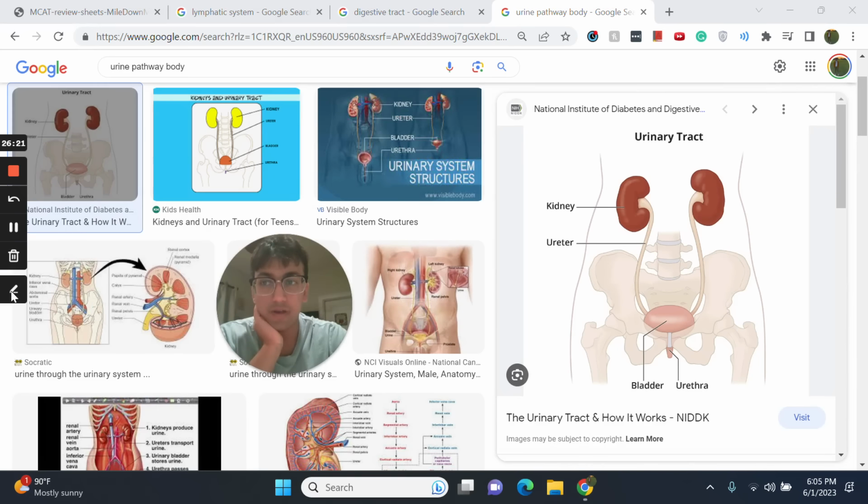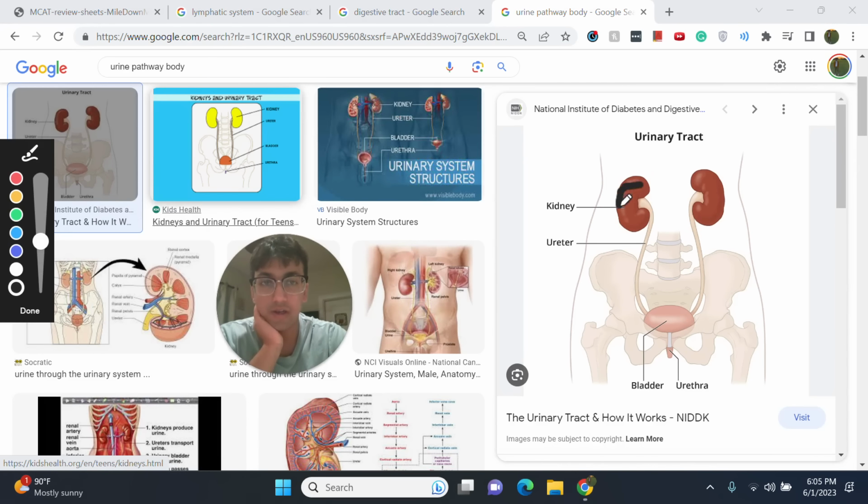So very simply, you should know that there's the kidney, and the kidney goes into the ureter. Then you have the bladder, right? The bladder over here, and then you have the urethra, which is how you eject this urine, right? The kidney is producing this urine for the ureter. And I heard this really good quote from my teacher a couple months ago, which was that thinking about the kidney as producing urine is the wrong way to think about the kidney.